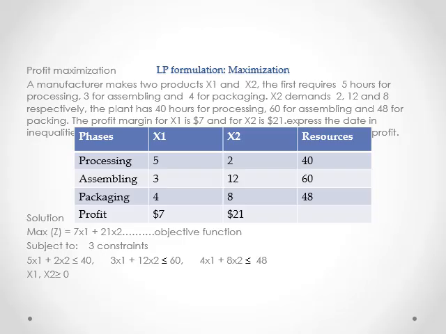The expected level of profit is $7 for 1 unit of X1 and $21 for 1 unit of X2.